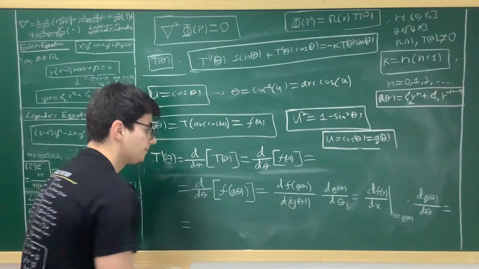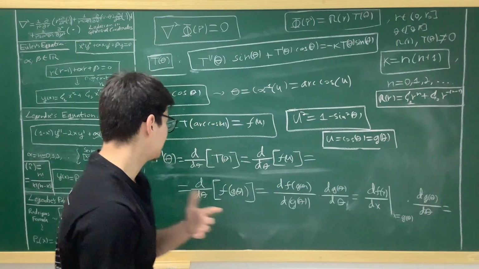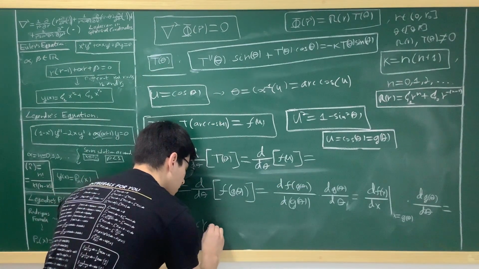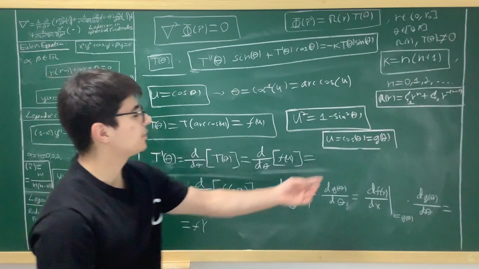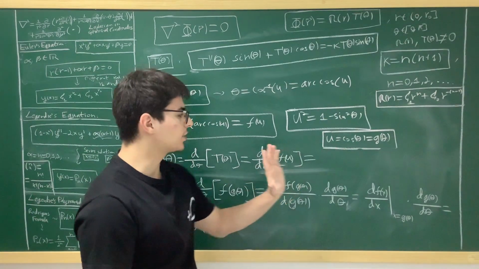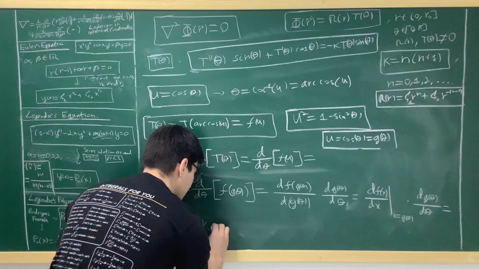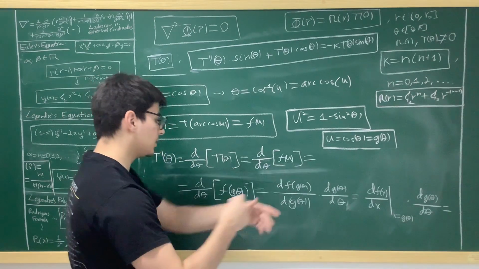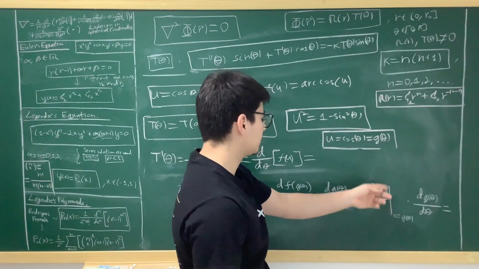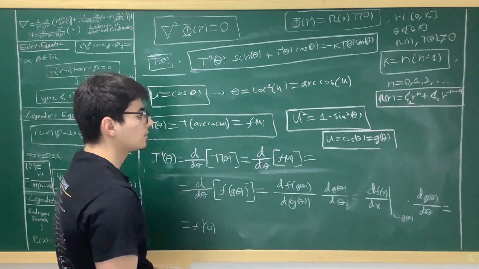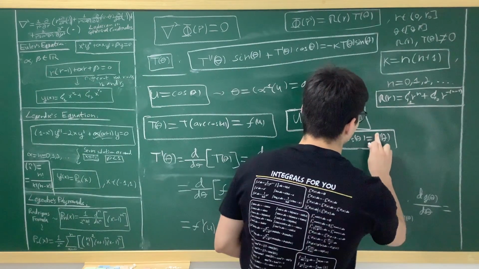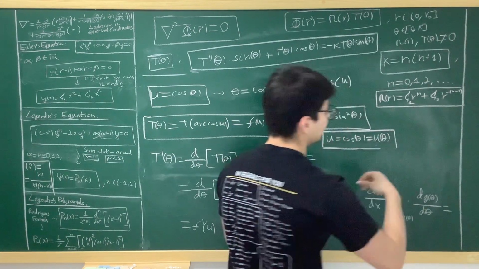This we can just say is f prime of g of theta. But what is g of theta? It's just u. Let's say g of theta is just u. Even here, it would be easier to say the derivative with respect to u. Instead of g of theta, we can just call it u.